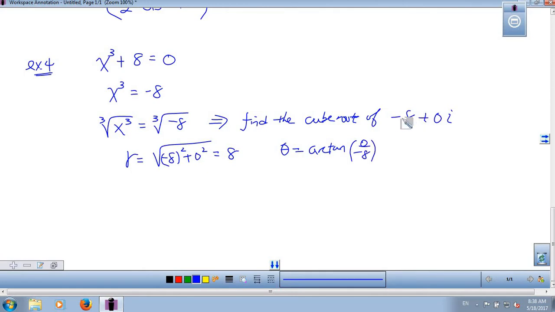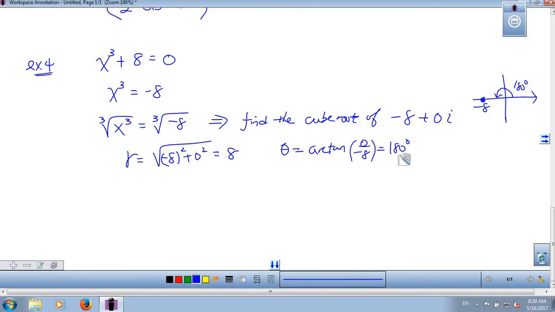But if I remember, -8 is right here, okay? This is positive 8, this is -8, that's i, that's the negative i direction. So if you do arctangent of 0, it will give you 0. But this is clearly not 0 degrees, because if you look at the angle, it's between the 2nd quadrant and 3rd quadrant. It's actually 180 degrees.